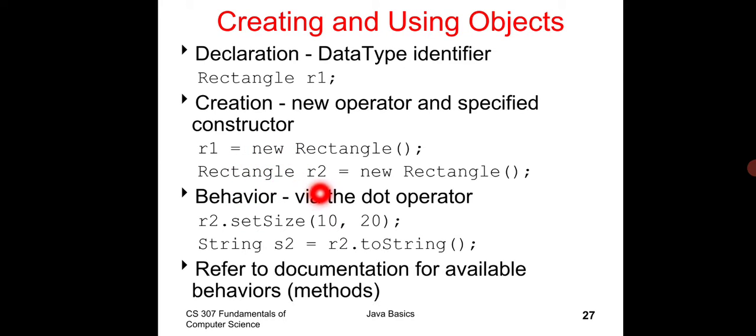Another format for creating the object is Rectangle r2 equal to new Rectangle. So it will create an object of the Rectangle class. Then by using the object we can call a particular method, setSize(10, 20) like that. 10, 20 are the parameters. We can pass the parameters.